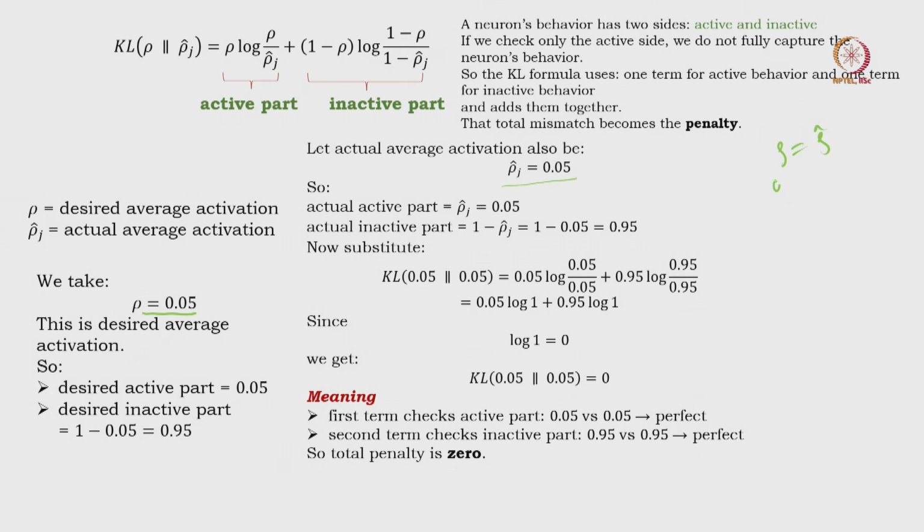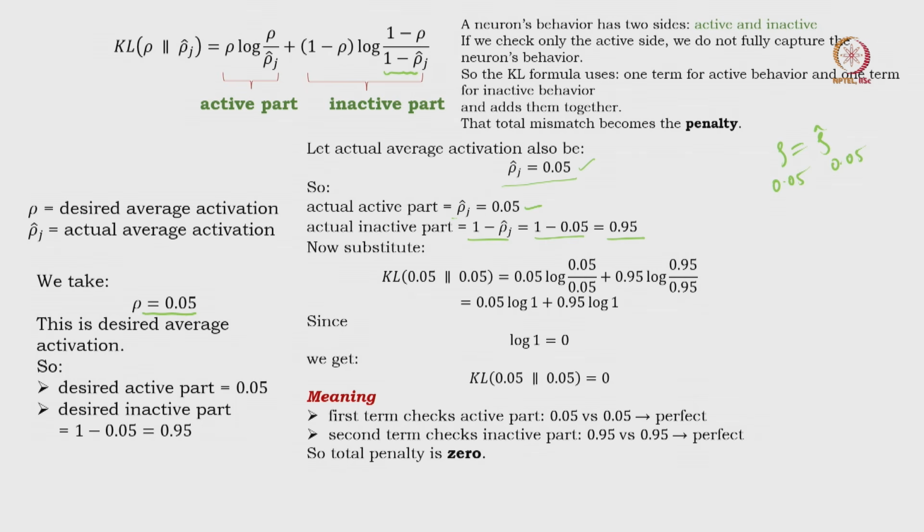So rho is 0.05 and rho hat, the actual, is also 0.05. Again, you find the actual active and actual inactive. The actual active is 0.05 and the actual inactive is 1 minus 0.05, which is 0.95. Have you got this concept so far?